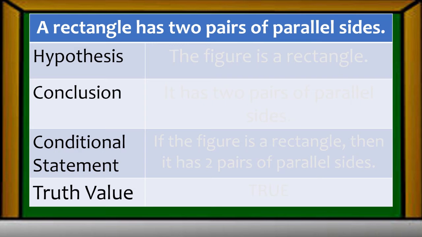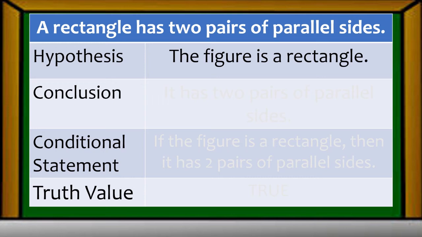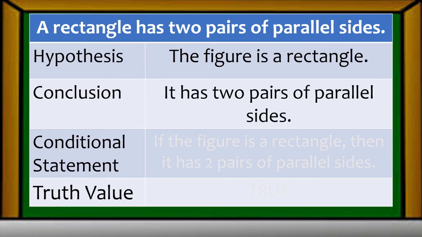Our second conditional says a rectangle has 2 pairs of parallel sides. Out from our given conditional, our hypothesis could be the figure is a rectangle. And we can have our conclusion as it has 2 pairs of parallel sides.